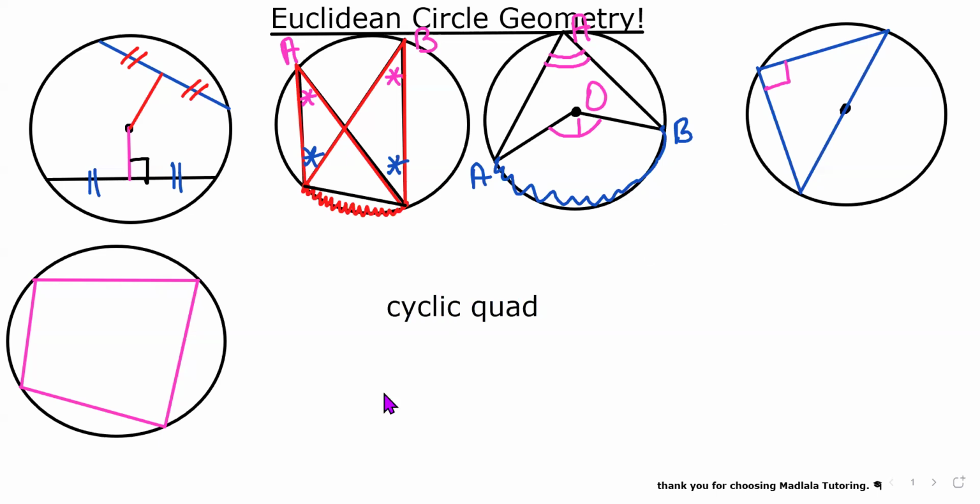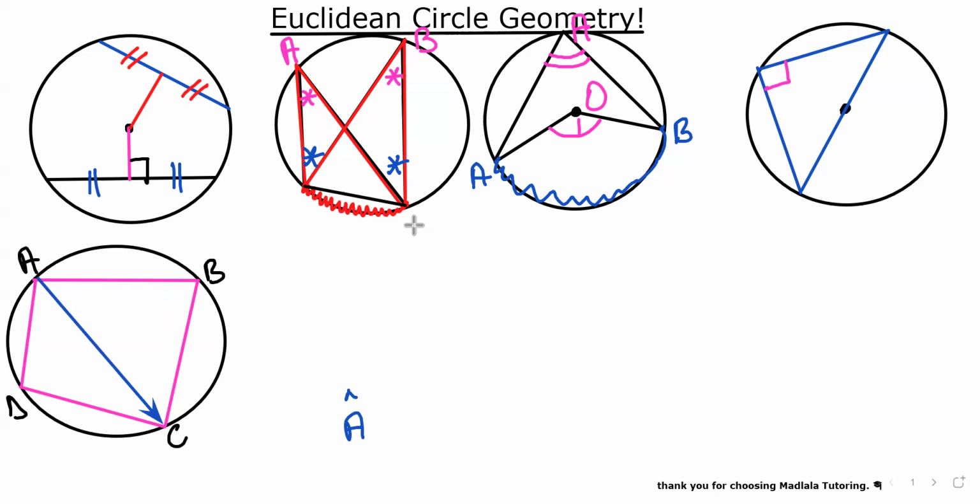Okay. Now, there's three theorems. Is it three? Well, two actually, that come from this cyclic quadrilateral. What are those? Well, if we were to give these vertices names, let's say it's A, B, C, D. The first theorem says the opposite angles of a cyclic quadrilateral are supplementary, which means if you take angle A because it's opposite to angle C, things that are opposite are things that are looking each other in the eye.